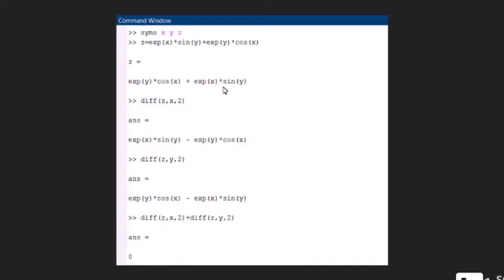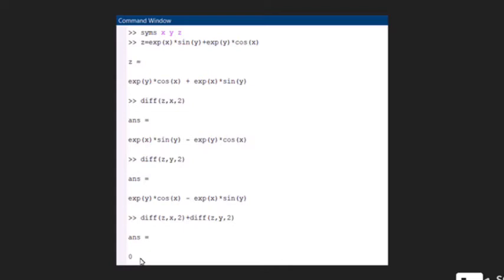I differentiate x 2 times and get the answer exponential x sin y and exponential y cos x. And then I differentiate y 2 times and get exponential y cos x minus exponential x sin y. And then we add the differentiations together and get the answer 0.